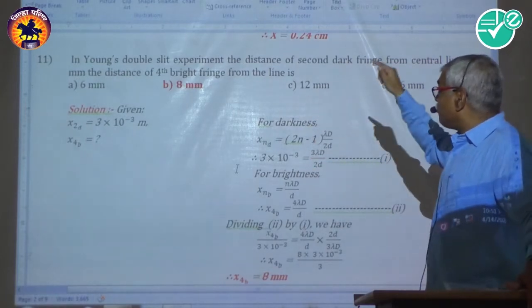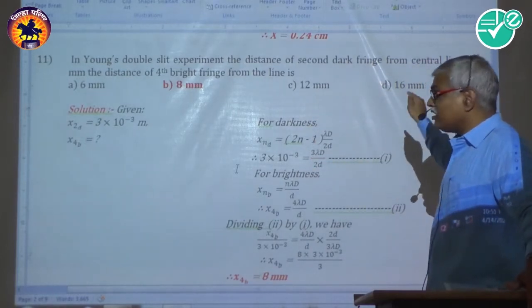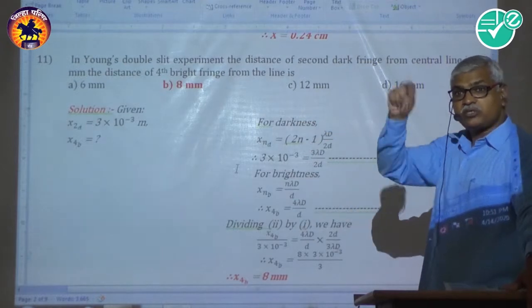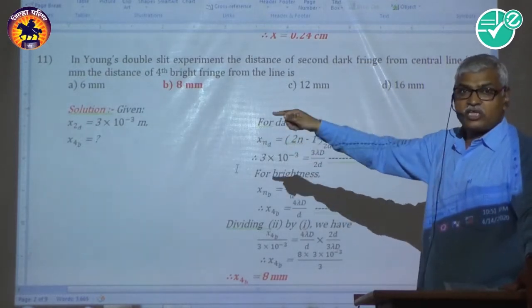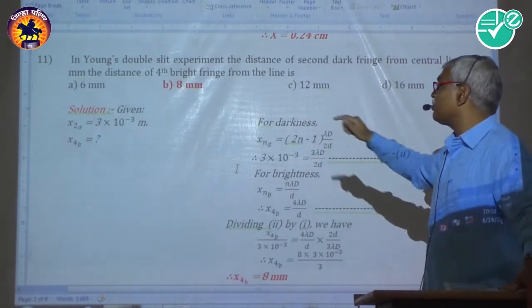The distance of fourth bright fringe from the line, and we have been asked what the distance small x of fourth bright fringe, x4b, is equal to question mark.